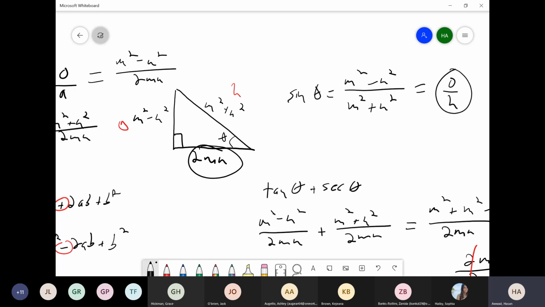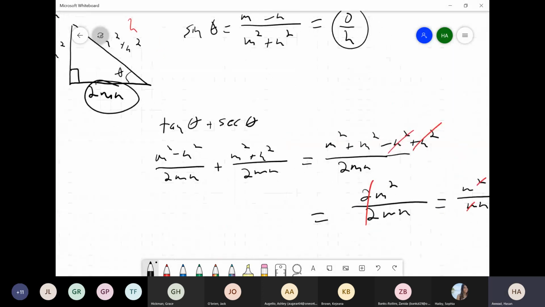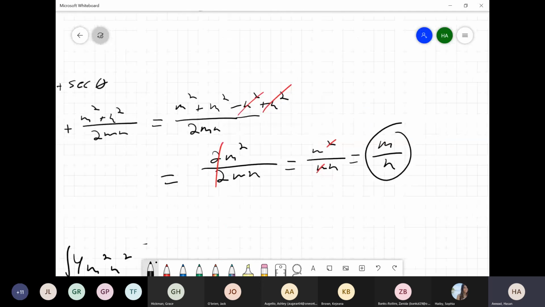And now that you know all 3 sides of the triangle, you can just use the relationships that we know about tangent of theta being opposite over adjacent and secant of theta being hypotenuse over adjacent to figure out what those fractions are supposed to be. You add them together, and it's just a matter of a little bit of simplification and crossing out, and we just end up with m over n. It's like 3 steps, even if those steps seem a little bit convoluted.